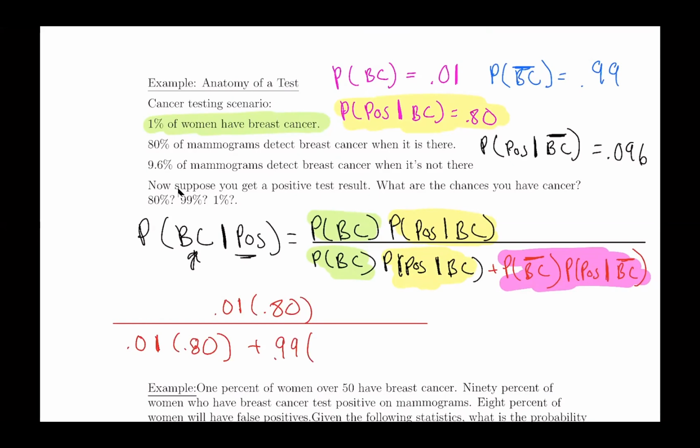And what's the probability of people who test positive given they don't have breast cancer? Yeah, 0.096. You're good, Anna. All right. Everybody good with how I got all of these numbers so far?